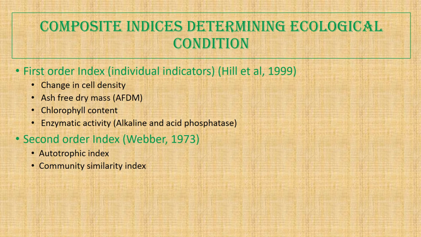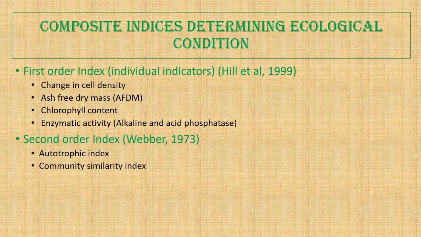After determination at the algal species level, population level or community level, we can put them into certain ecological modeling. Ecological modeling can be of first order and second order.